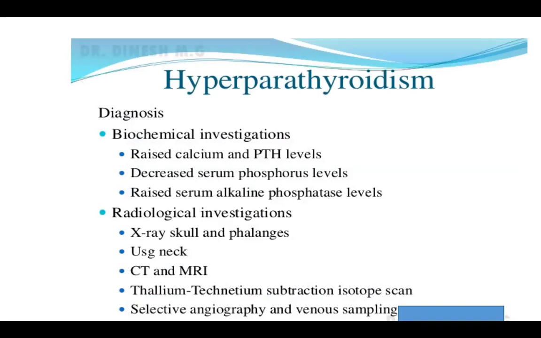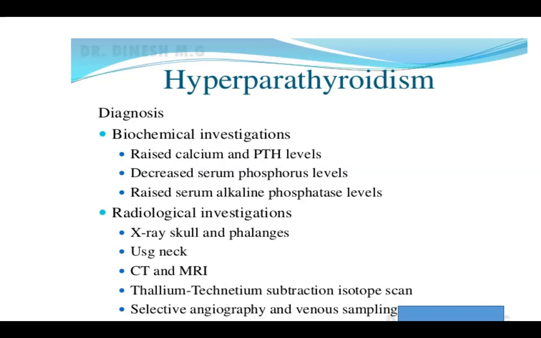Then certain radiological investigations, like you need to have an X-ray of skull, of spine, of phalanges, of jaw. You can take help of the ultrasound neck to localize if there is a parathyroid adenoma or if there is palpable swelling. You can take help of the CT scan and the MRIs.